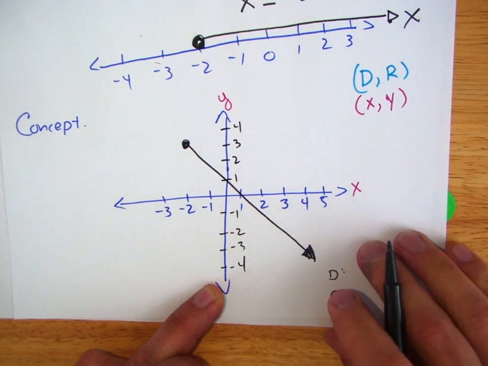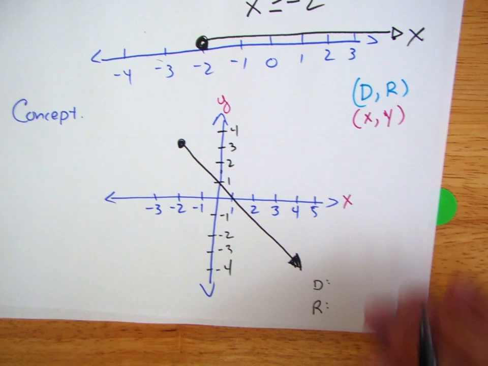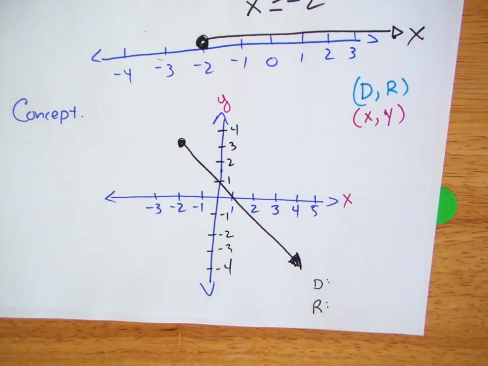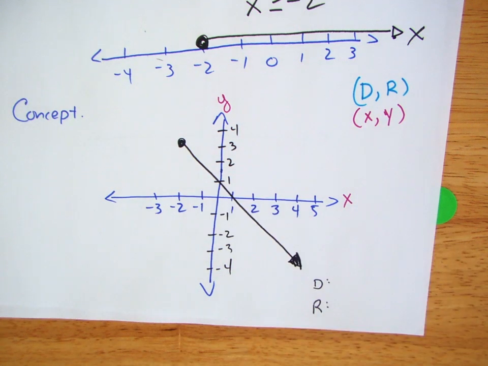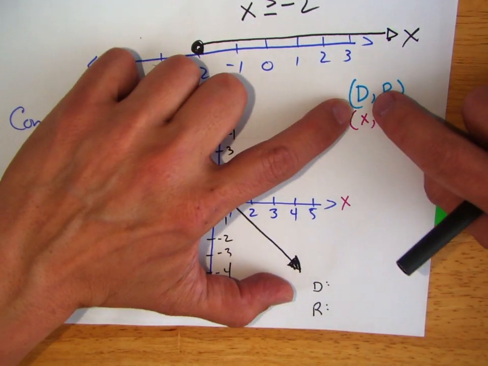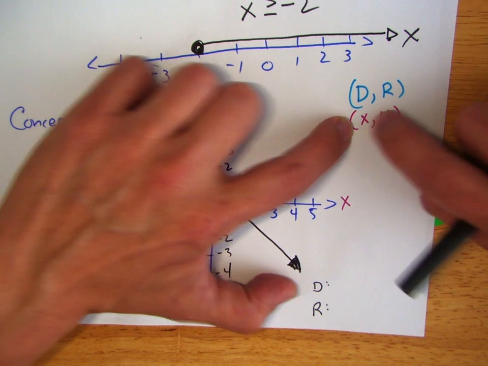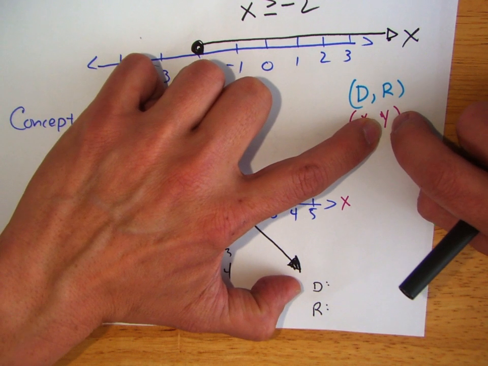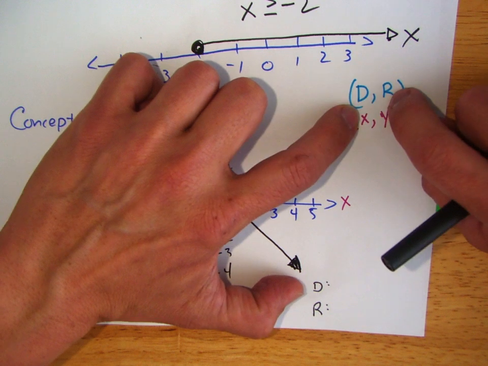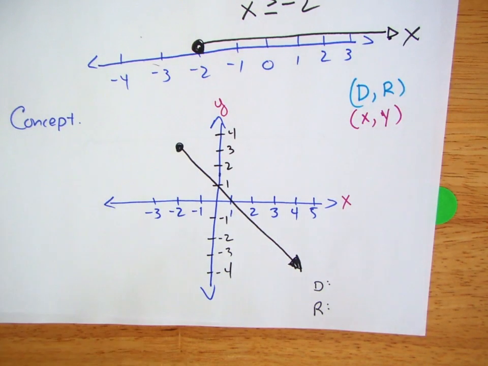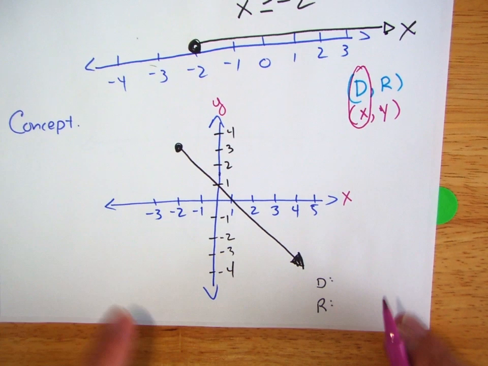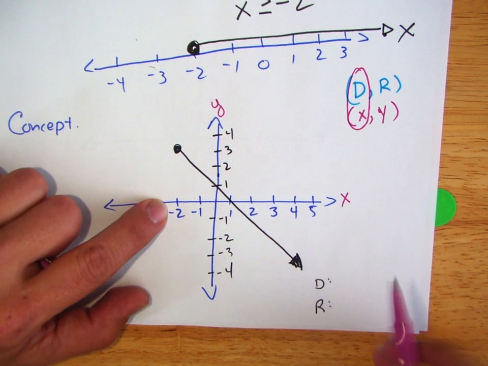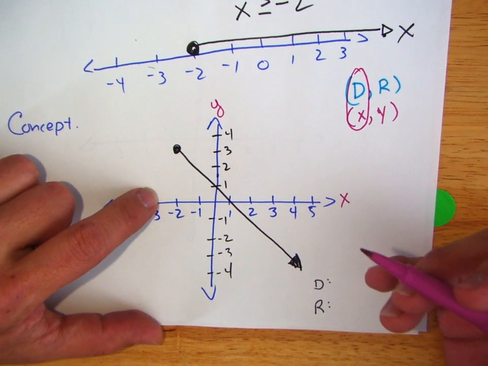Now what we want to do is determine the domain and the range of this continuous graph. Remember, first is the x, then the y. If you put dr, that's doctor, so that's a good way to remember. Your domain is always the x's only. If you notice this line, what is your minimum, the smallest x?